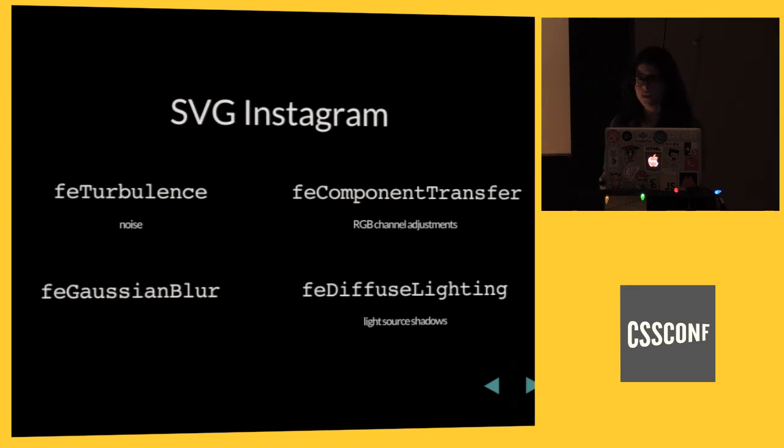Component transfer is one where you get sub-elements to change R, G and B separately, so you can change the color balance on stuff. And then there are even light source effects that you can do, so you can do shadowing and some interesting stuff there if you dive into filter effects.